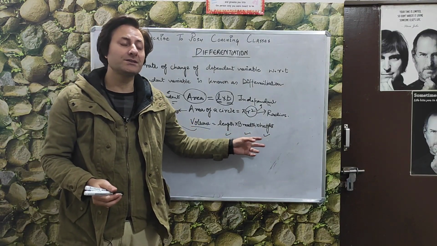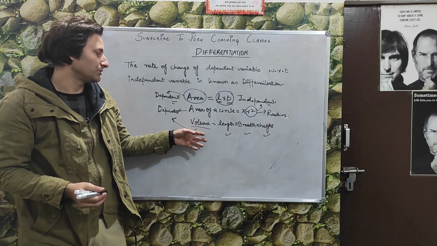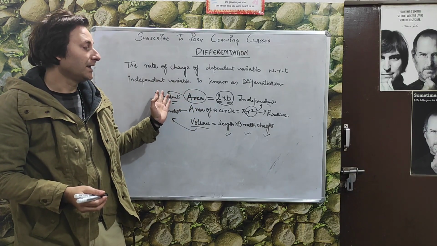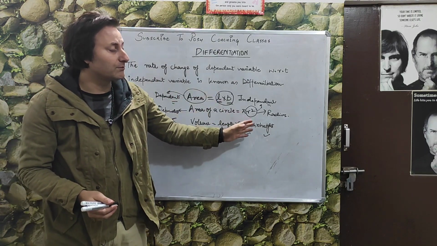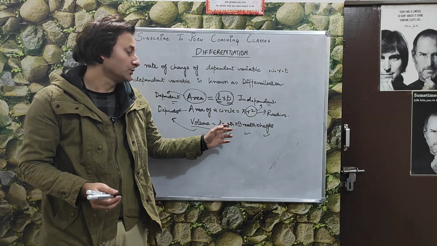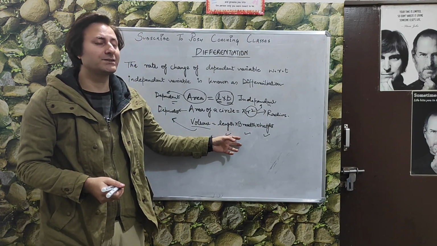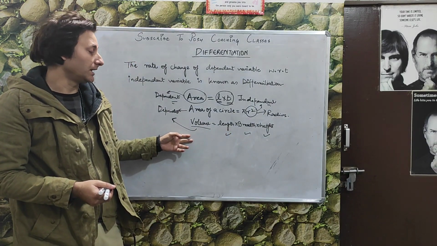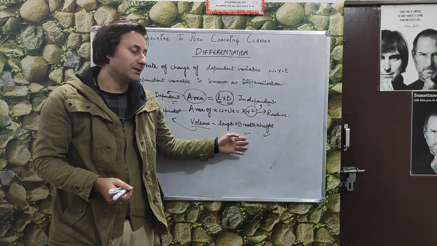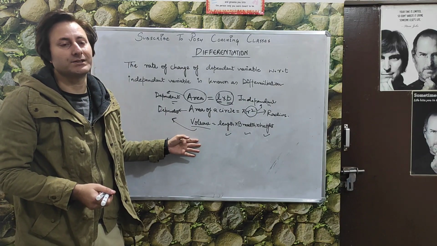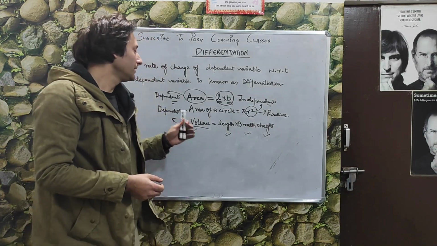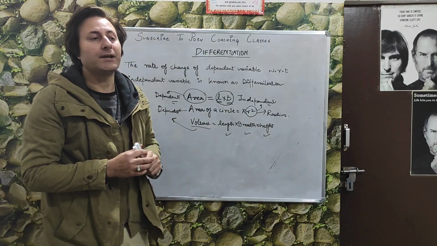If they increase, the volume increases too. So these things become dependent on whatever is on the right side. The right side makes a lot of difference. If this increases, we get a bigger answer. If this lessens, we get a lesser answer. So this is about dependent and independent.